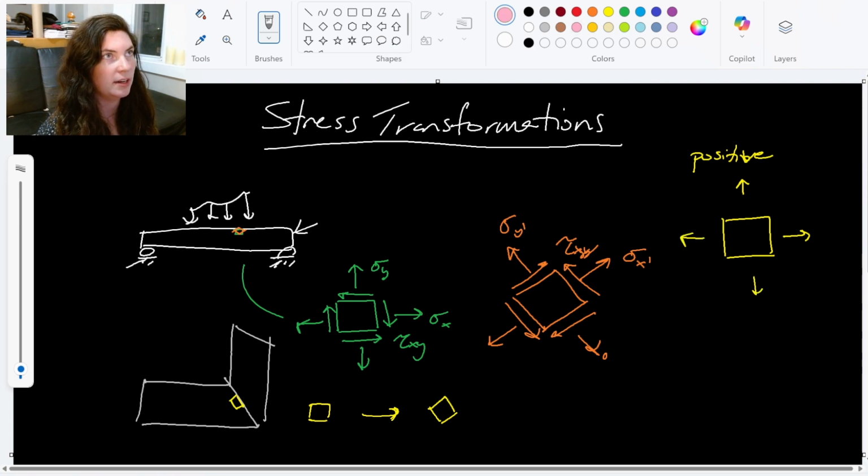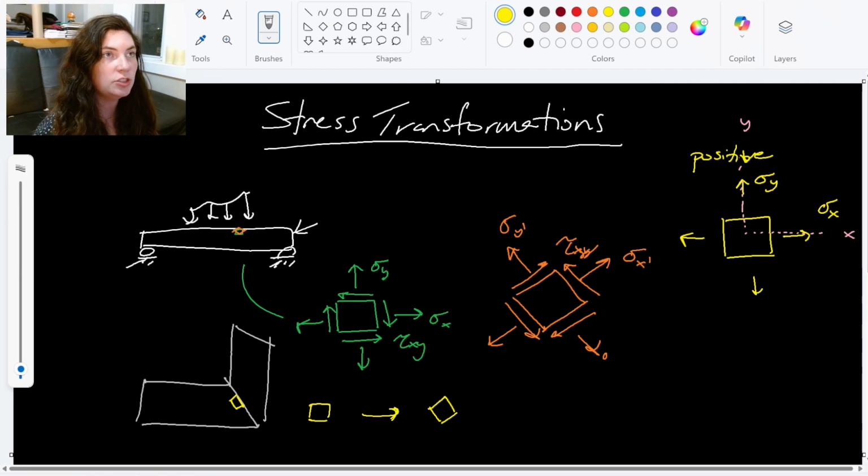So if we think about it in XY terms, here's the y-axis, here's the x-axis. In the positive x direction and positive y direction, if they're pointing in those directions, then those are positive. Here's normal stress in the x direction, normal stress in the y direction.